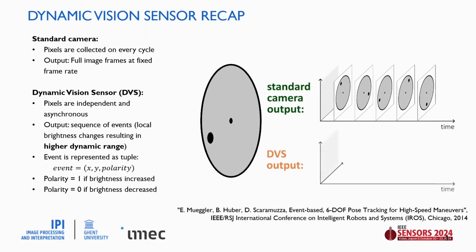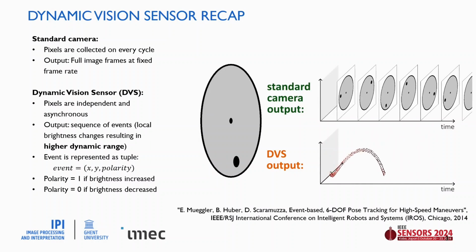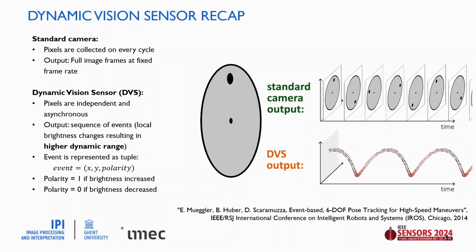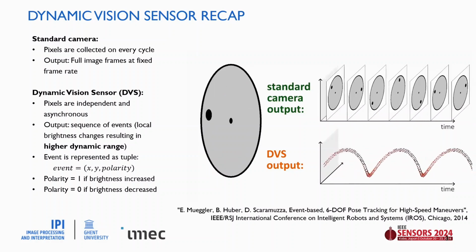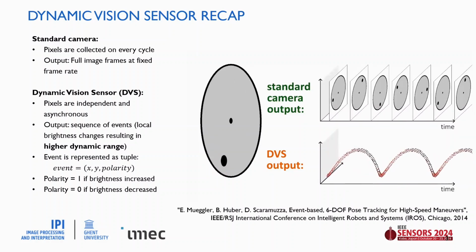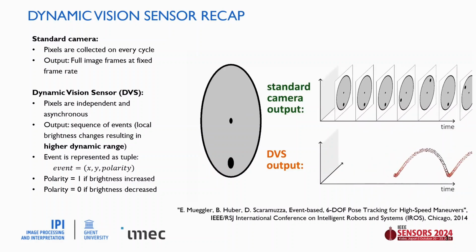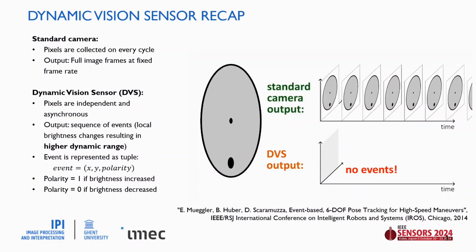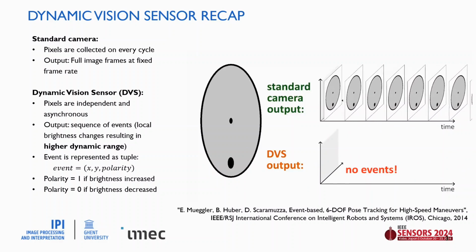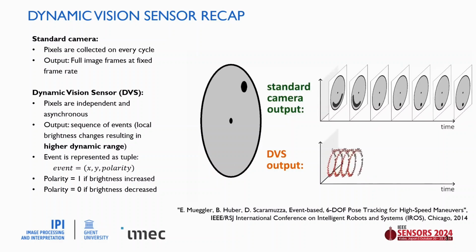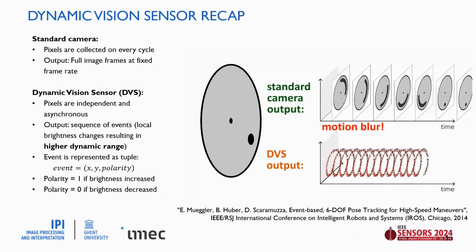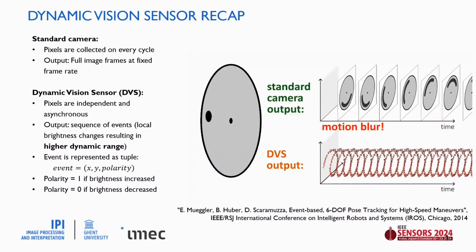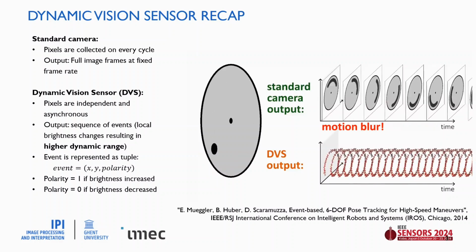So first I want to recap a little bit the working principle of an event camera or a dynamic vision sensor. In a typical standard camera, we know the pixels are collected on every frame cycle, and a full image frame is being outputted. In a DVS sensor, this is completely changed, and there each pixel is considered independent and also asynchronous from each other.